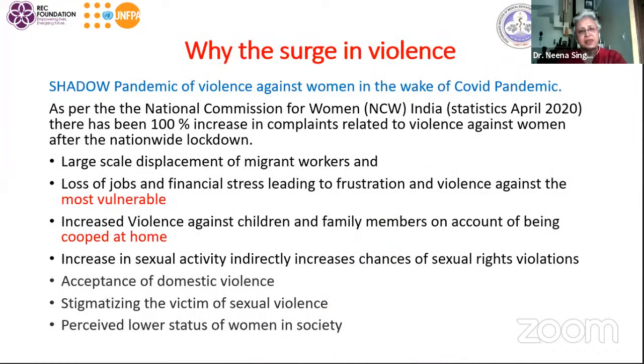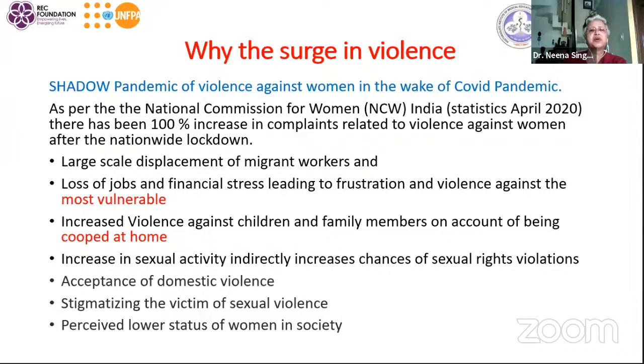Why the surge in violence? This has become a shadow pandemic. The act of violence against women has taken the form of a shadow pandemic during this COVID-19 pandemic, because there has been large-scale displacement of migrant workers, leading to loss of livelihood, and there has been financial stress. This has also led to frustration and violence. Violence most of the times is directed against the most vulnerable groups.